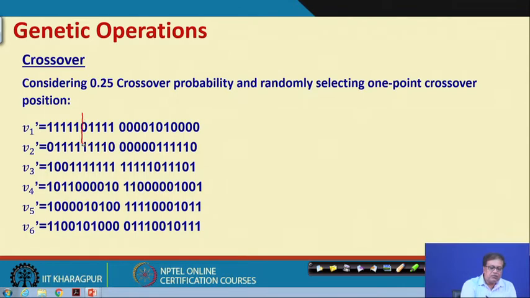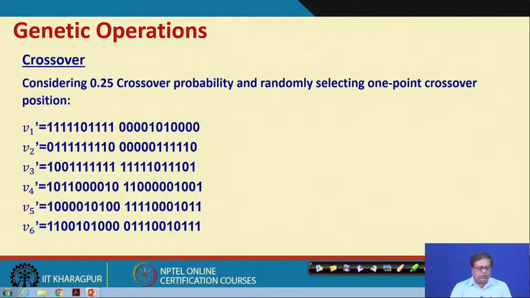So, supposing we choose our crossover point here, you see the first string, the first 5 is retained, rest 1 is coming from another string. You already know how to do crossover, we have discussed in detail. So, assume that after crossover we have generated these strings.